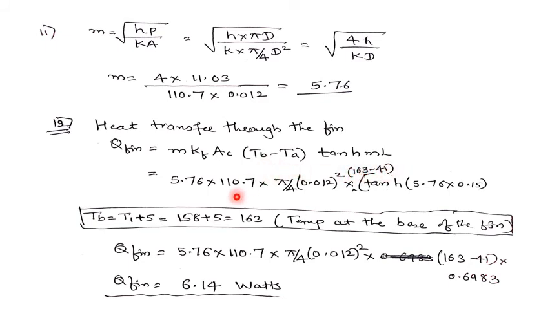TB is calculated by the formula T1 plus 5 degrees, so 158 plus 5 equals 163 degrees. That is the temperature at the base of the fin. Now tanh mL. By simplification, the heat transfer through the fin is 6.14 watts.